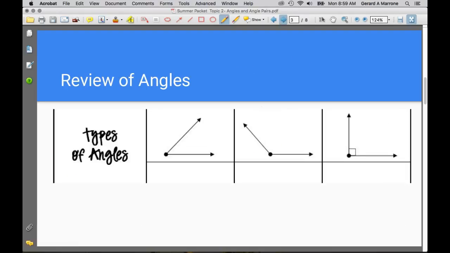Now, just very quickly, we've got 3 types of angles that we're going to look at. You've got acute angles, which are 1 to 89 degrees. You've got obtuse angles, which are 91 to 179 degrees, and then you've got right angles, which are 90 degrees.